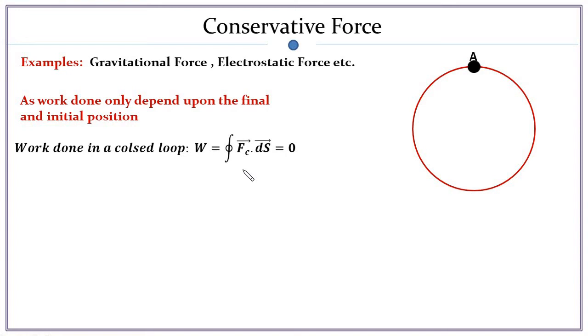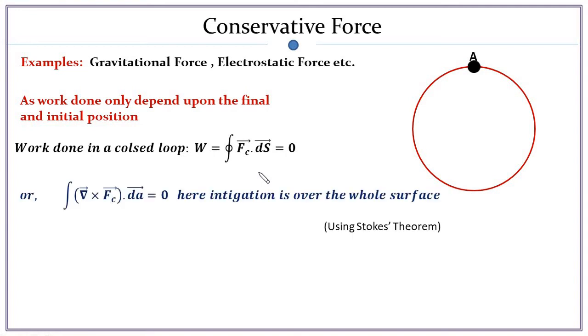Right? Now, from our knowledge of vector analysis, we can simply replace the line integral by a surface integral with the help of Stokes' theorem. Here, this surface integral is over an area A which is enclosed by this closed loop. Okay. Now, if you look at this equation carefully, this dA is not equal to 0.